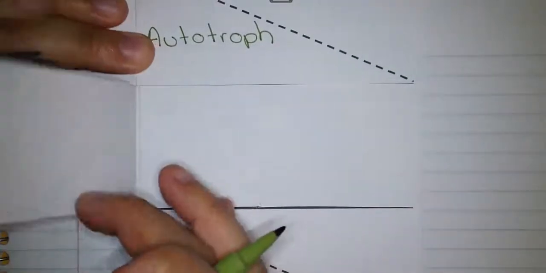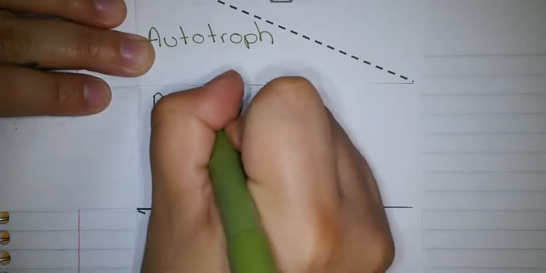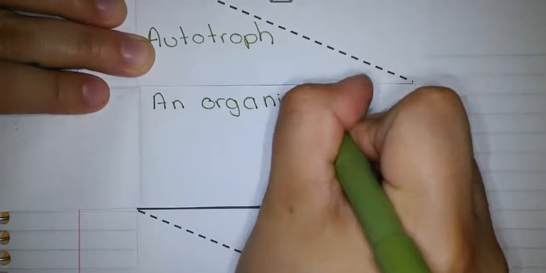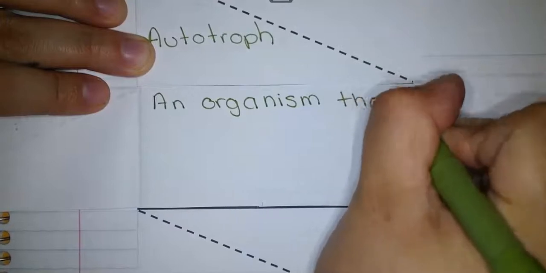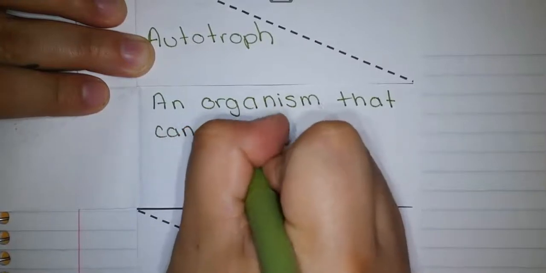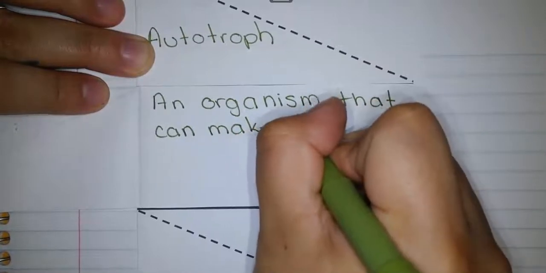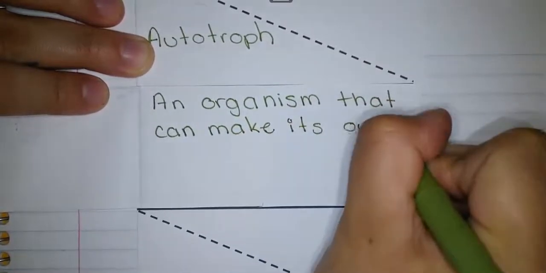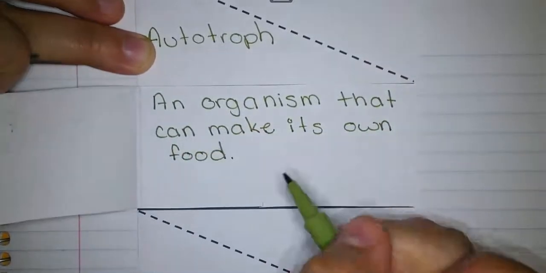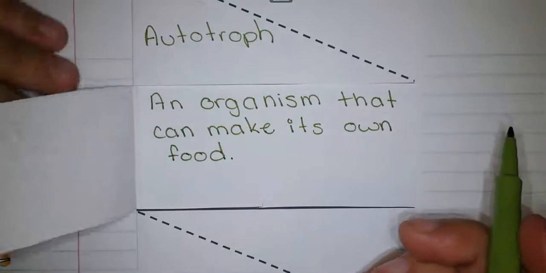And again, it is an organism that can make its own food. Just like an autotroph, right? So basically they're the same. Autotroph and producers, they are the same.